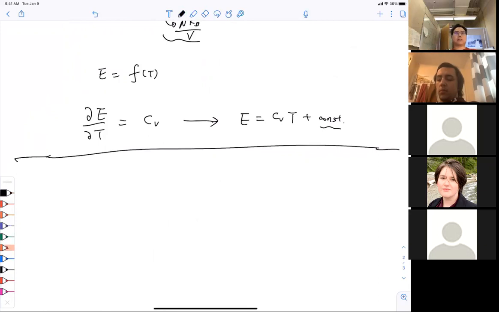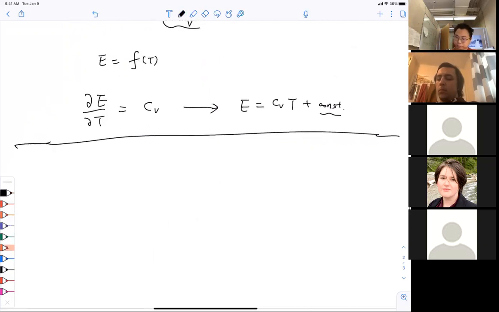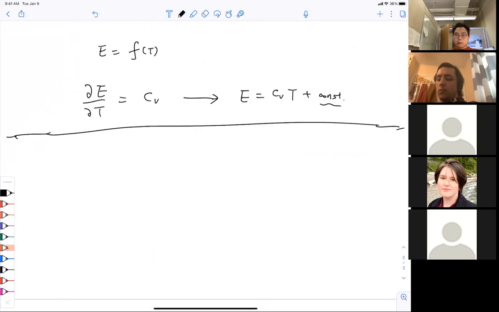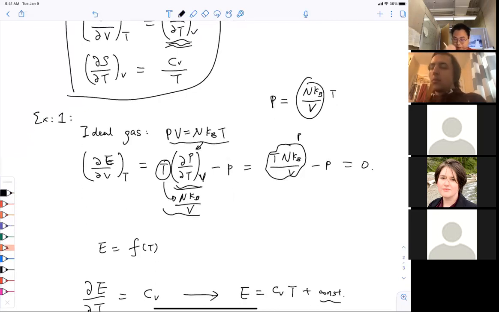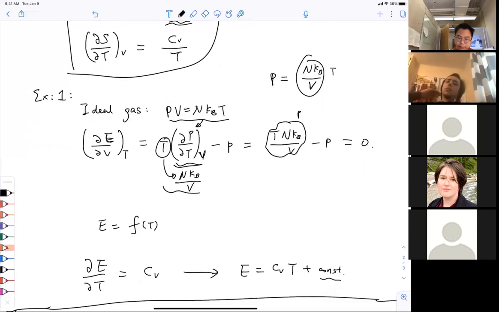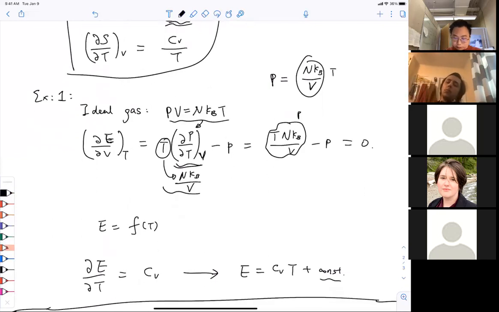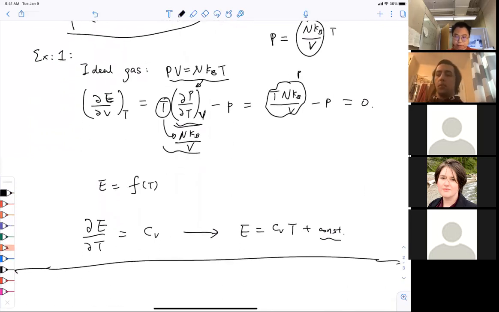There's no constant; everything is fixed. This is also one of the homework parts. For the ideal gas, given this state equation, you are asked to calculate internal energy and the entropy. So here's just a very simple example.